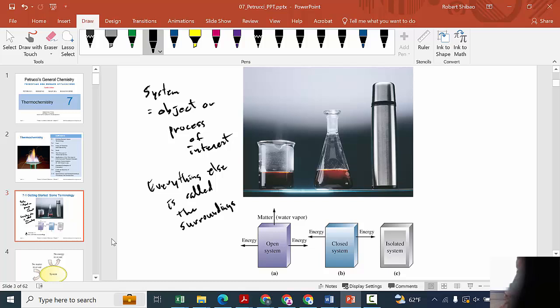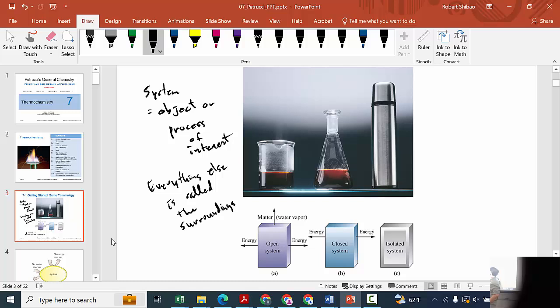So when we look at the system in relation to the surroundings, here we have a system, let's say this is our system, and everything else is the surroundings. But what we see here is that energy, let's say this is a hot beaker, energy can escape this, so you'll feel heat around here. And then if you look, there's steam escaping from here. And so that's water vapor, the matter is escaping. So things are escaping out of our system.